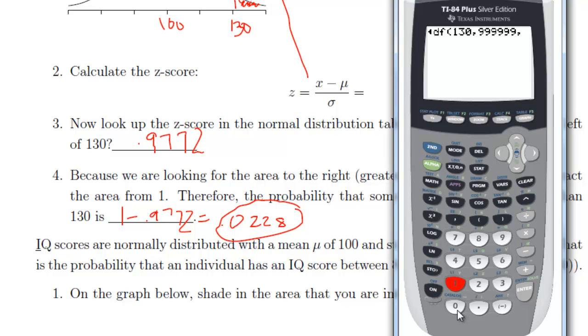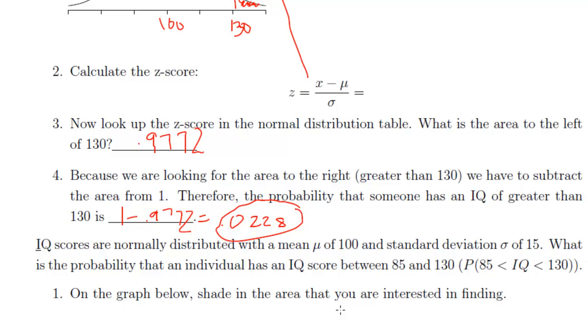So I click 100, and then 15 for the standard deviation. Okay, so lower bound, upper bound, mean, standard deviation, and then I just hit enter. And it gives me the same answer, 0.0228. The answers might be off a little bit when you use your calculator, and that's fine. In this case, it gave me the same answer.